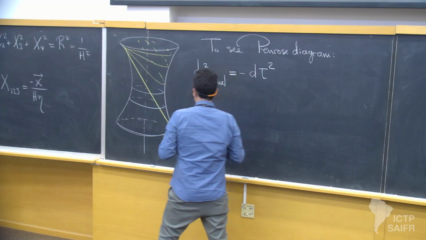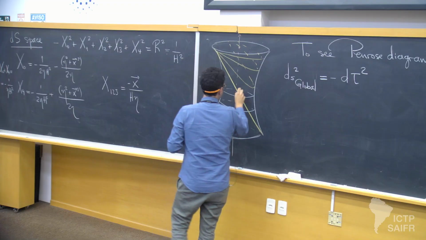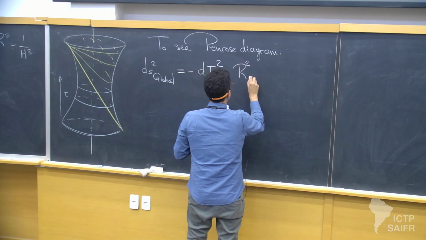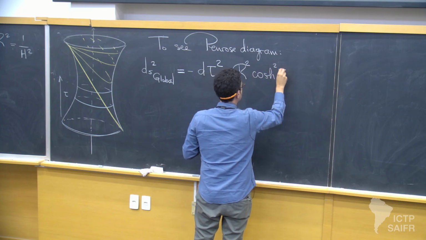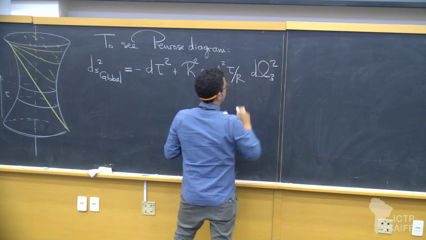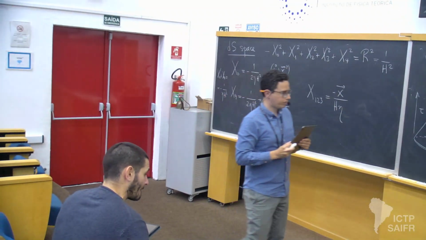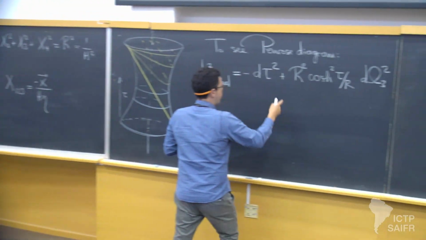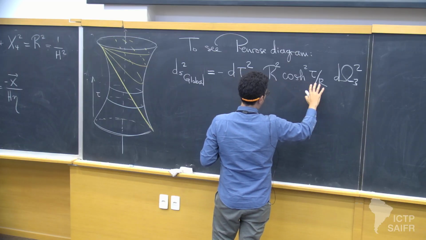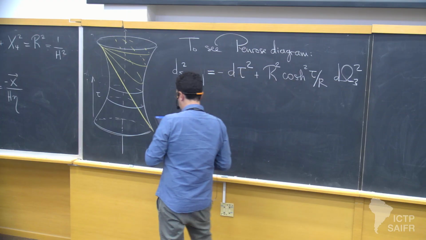So this is tau. Tau is the coordinate that allows you to change between the spheres, plus r squared cosh squared tau over r times the d omega 3 squared. This is the round metric on the 3-sphere. Here you see that the sphere is first contracting, with radius r at tau equals 0, and then it expands.